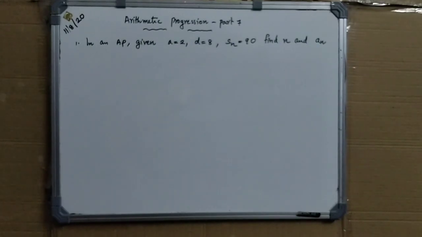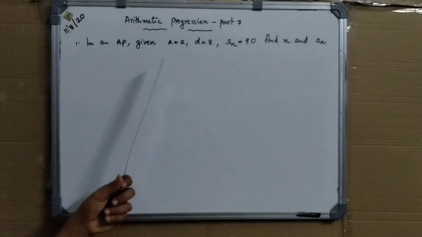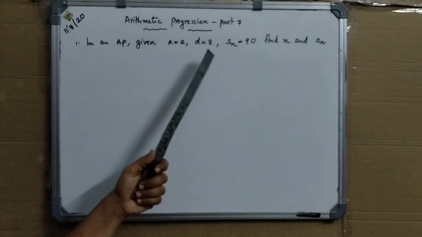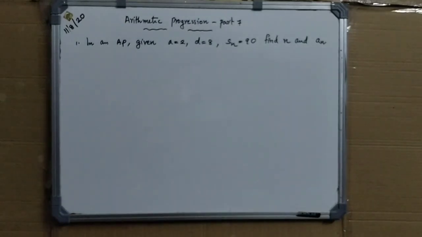Now let us go through this question. We have in an AP given a equal to 2, d equal to 8 and Sn equal to 90. Find n and an. We'll continue with Sn, which is given a and the common difference d.